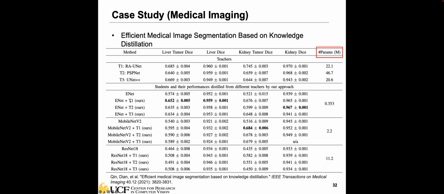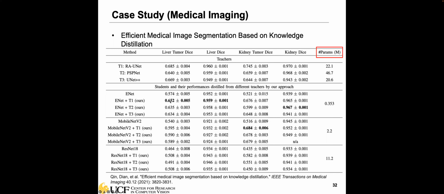But if they do knowledge distillation, using T1 as a teacher and doing distillation based on this prediction map matching, they are able to significantly improve the student network performance, as you can see in this bold-faced one. They go from 0.57 to 0.65.